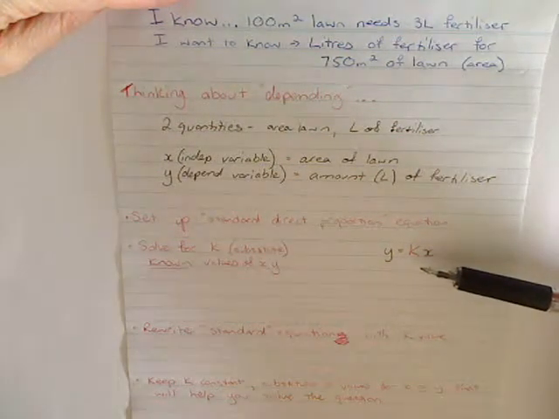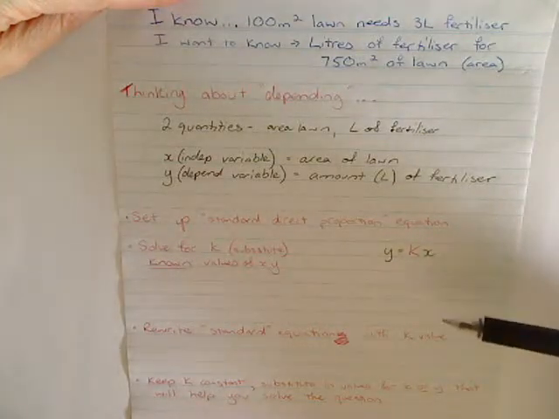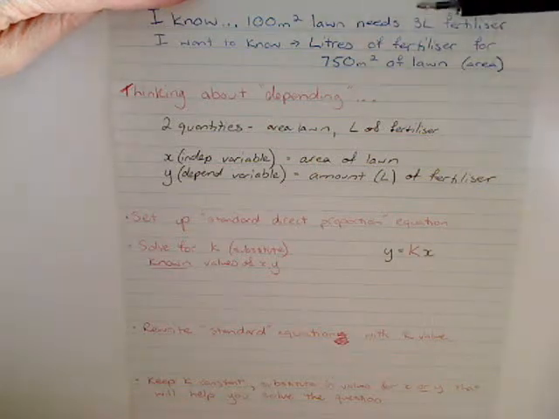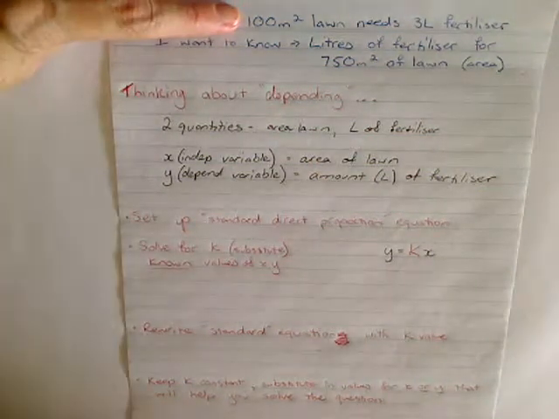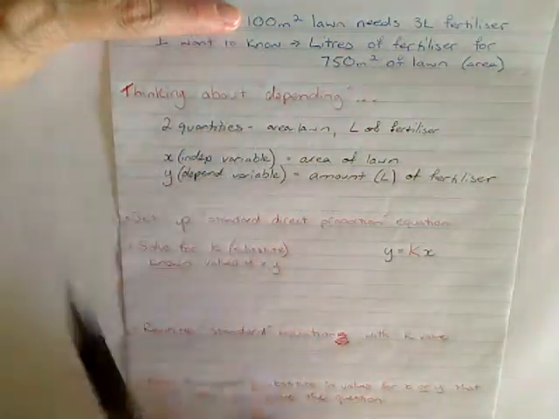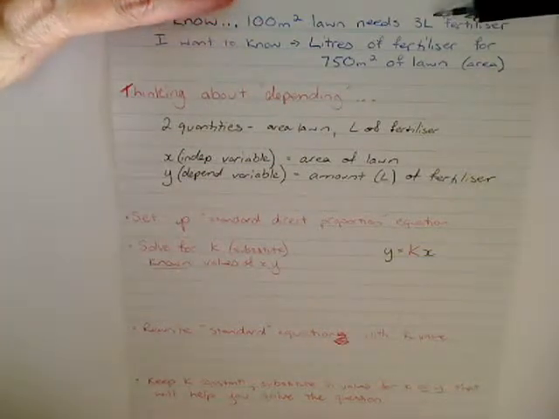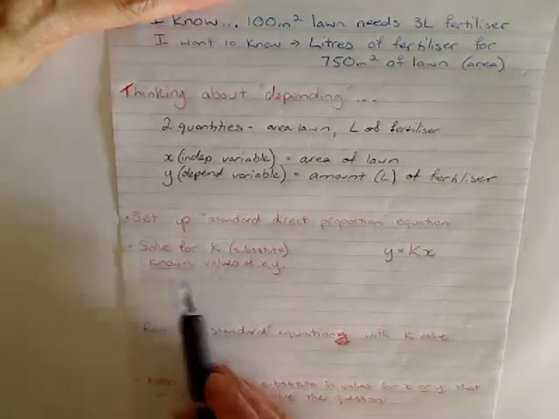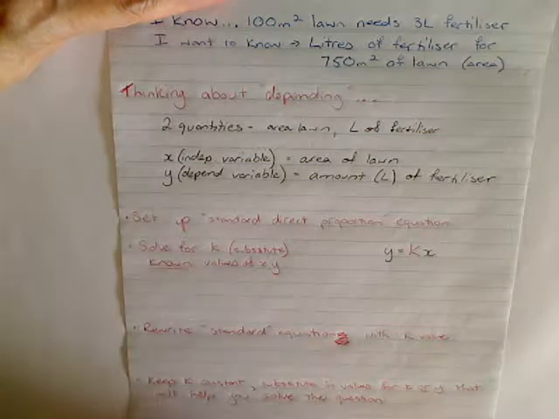for this particular situation. So just like unitary method, we've got a ratio we already know. We know that when the lawn is 100 metres squared, the fertiliser is 3 litres. So we have to solve for k by using known values of x and y.